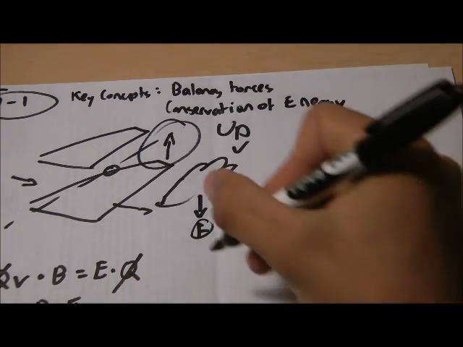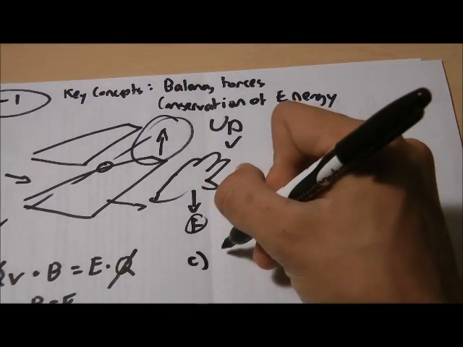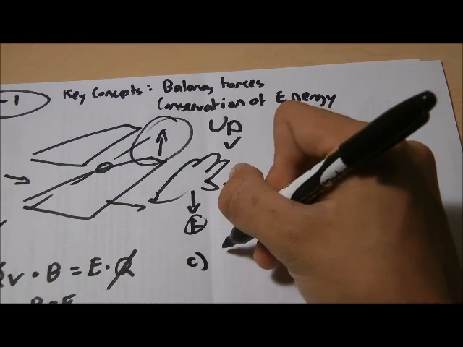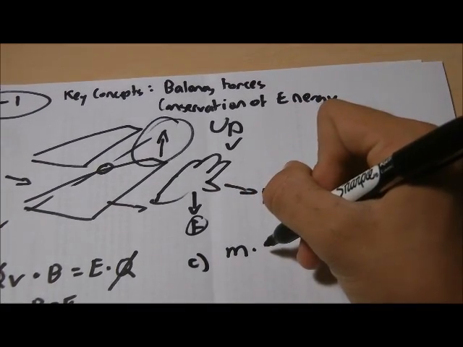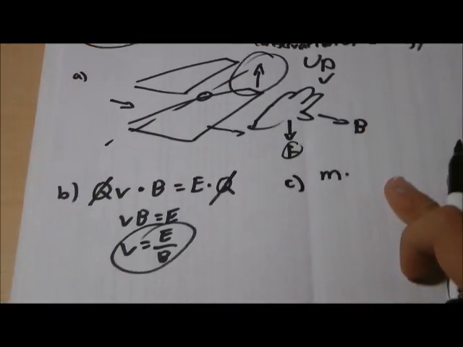So for part C, we can use the centripetal acceleration: the mass of the particle, which we will be finding out, times the velocity of the particle, which we have over here.